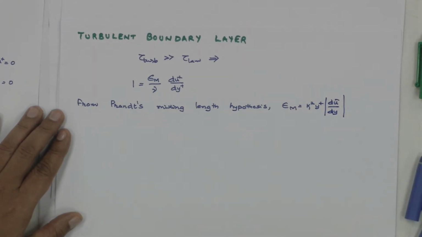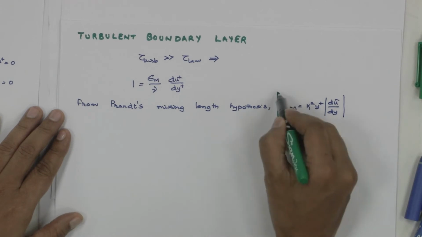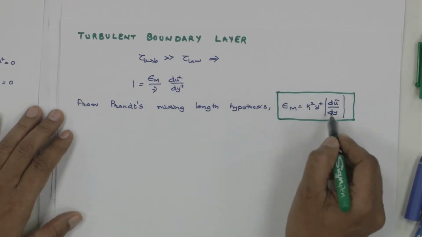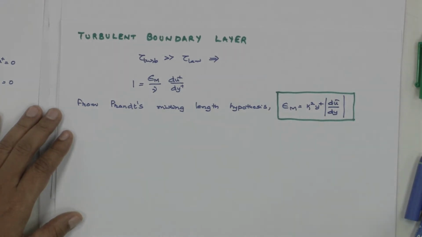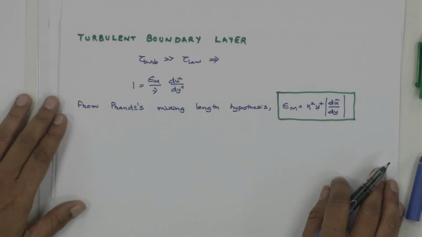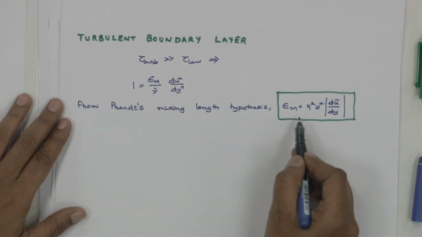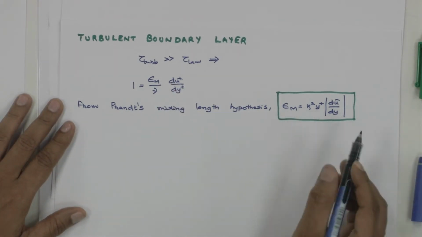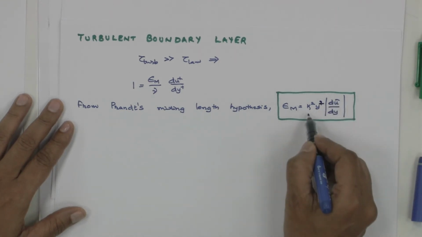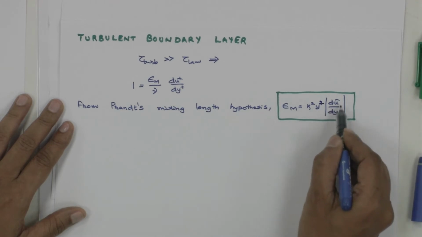So, this is the relation which Prandtl has proposed for epsilon m. On what arguments this has come, I will explain a little later in this module, but let us take this value. Now, before I substitute this here, note that it is kappa squared y squared du bar by dy.